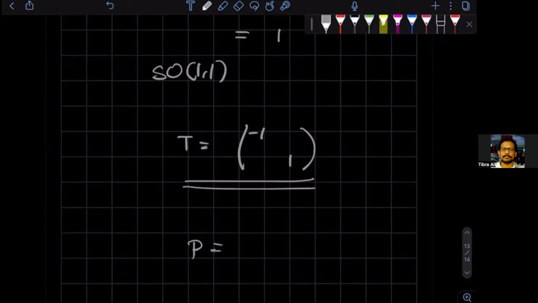And there's parity, which reflects any vector in the x direction to the minus x direction. Okay, so these are the ones which do not belong to this, which are part of the O1,1.